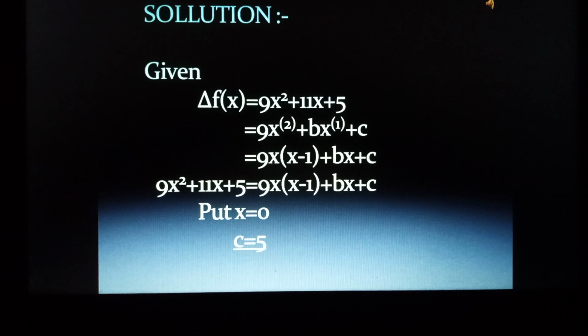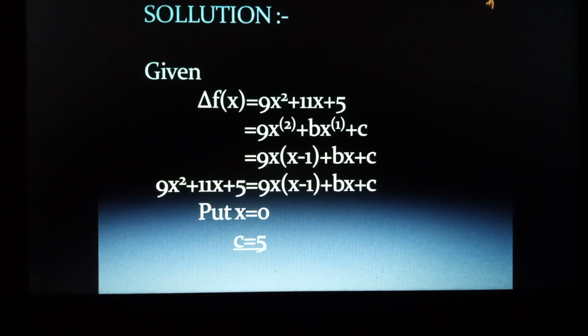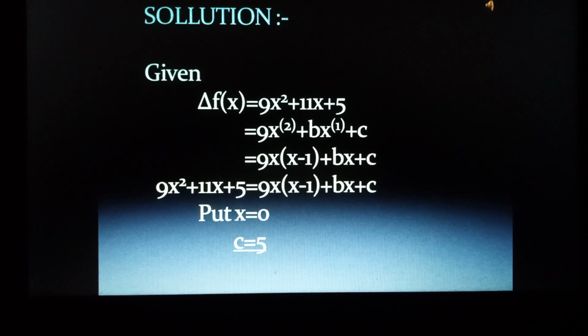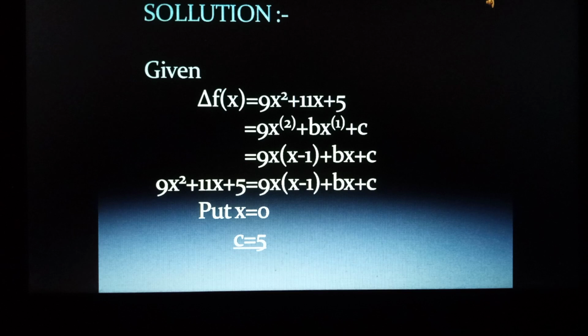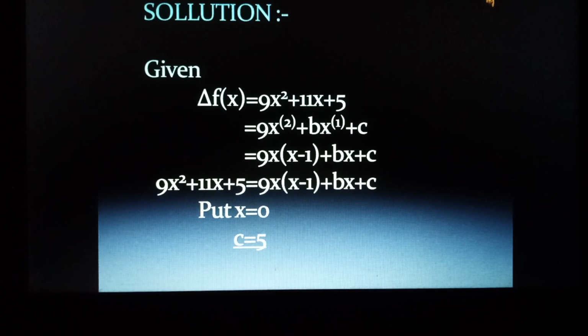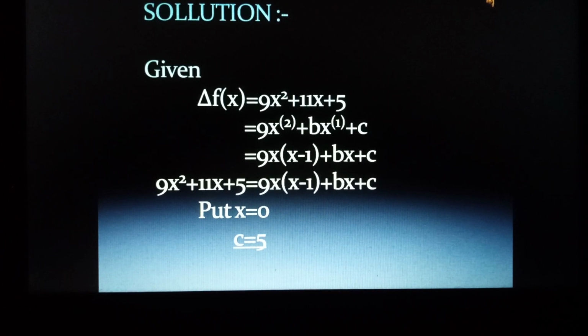Now we are going to evaluate the equations delta f of x and 9x square plus 11x plus 5, for finding the values of a, b and c by putting values of x. Here we put x equal to 0 in the given equations.